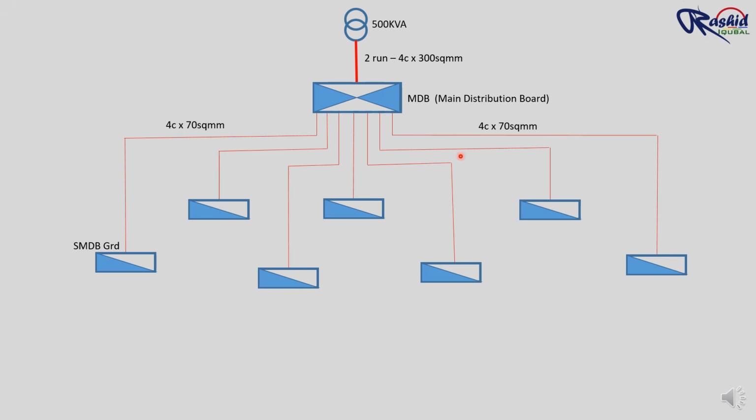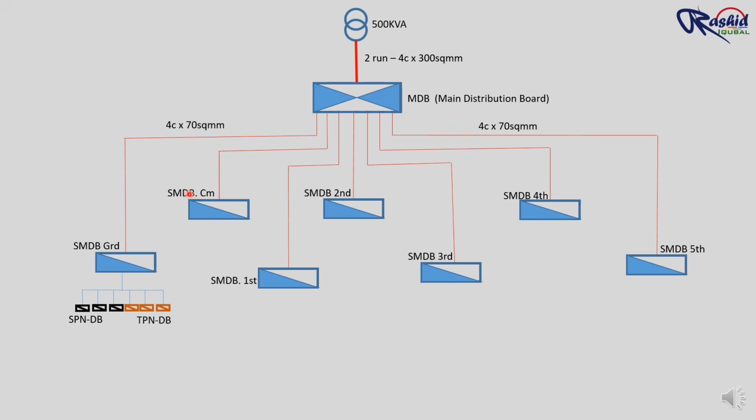The SMDB are distributed as follows: 1 SMDB for the ground floor, 1 for common load, 1 each for first floor, second floor, and so on. From each SMDB, multiple flat DBs are connected, like 3 numbers of 3 BHK DBs represented in brown as TPNDB, 3 numbers of 2 BHK DBs represented in black color as SPNDB.